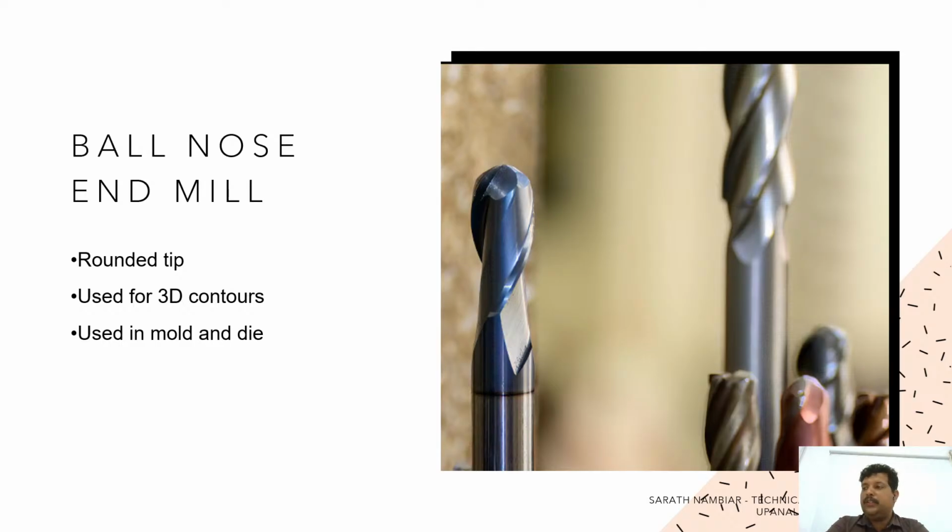But with the ball nose, because of its rounded shape, it can smoothly follow the curves, and so the final surface becomes very smooth. That is why this tool is widely used in mold making, 3D contour machining, complex shapes, all those things. So always remember, flat is for straight work and ball is for curved products.